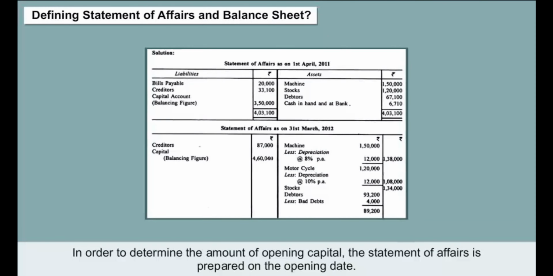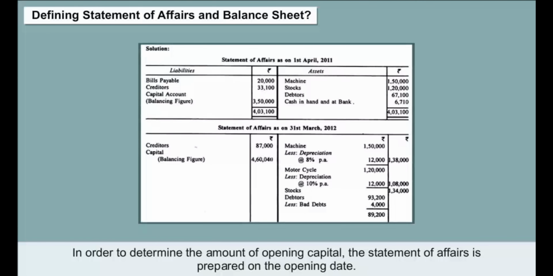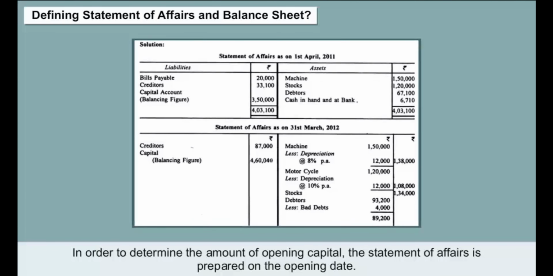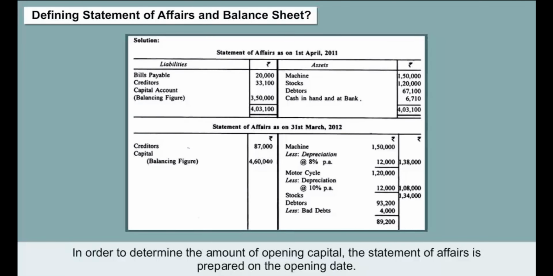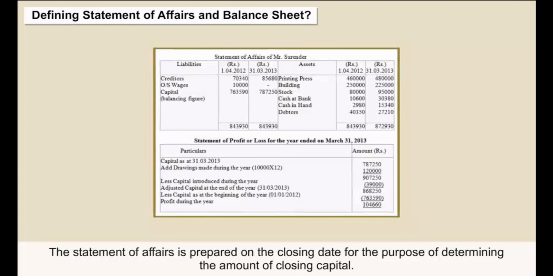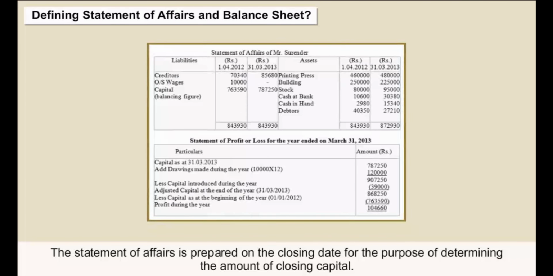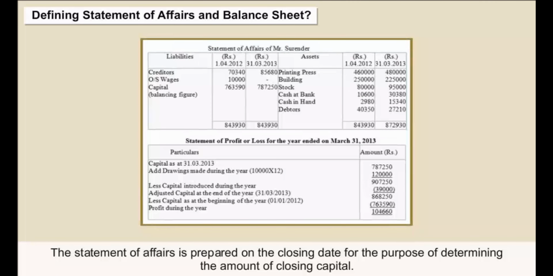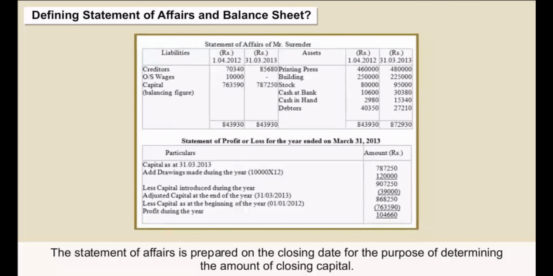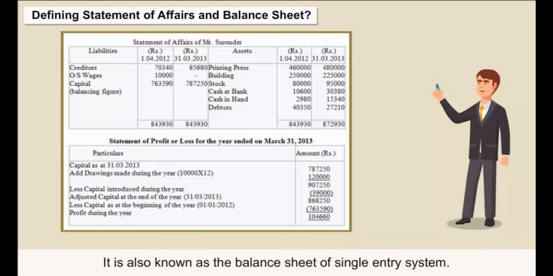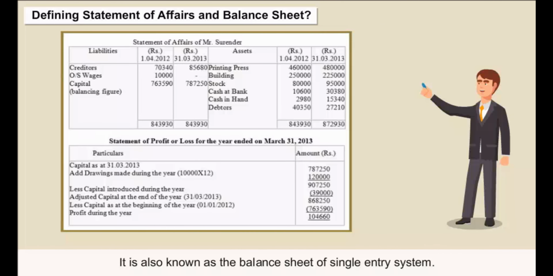In order to determine the amount of opening capital, the statement of affairs is prepared on the opening date. The statement of affairs is prepared on the closing date for the purpose of determining the amount of closing capital. It is also known as the balance sheet of single entry system.